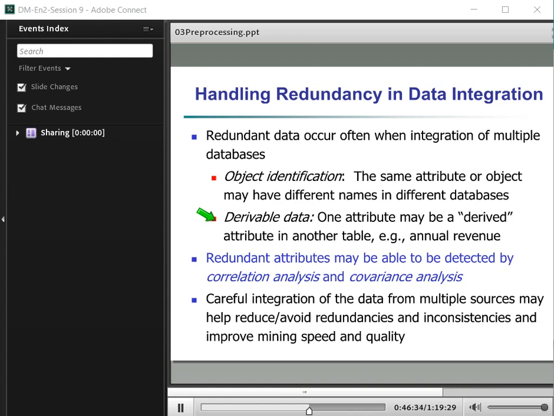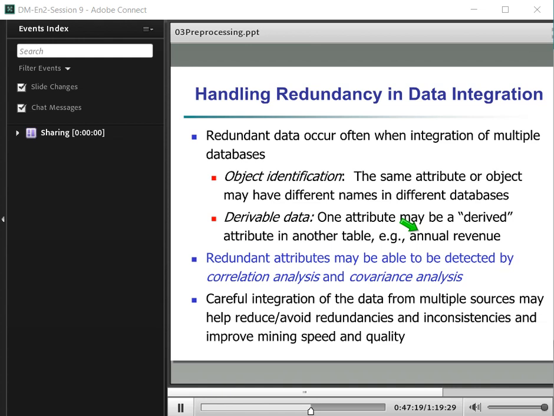Sometimes data are derivable. When I'm integrating data, the data are derivable. It means that, for example, I'm trying to calculate the annual revenue of a store. I have to calculate the revenue in different seasons and then sum them and present it as the annual revenue.